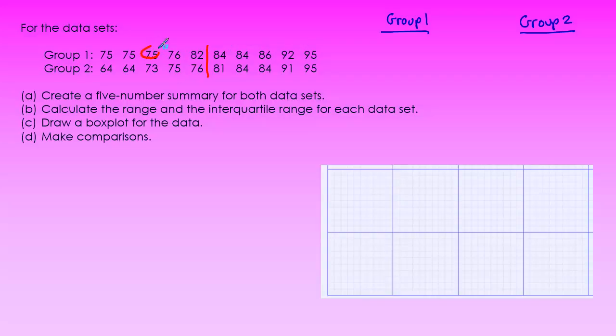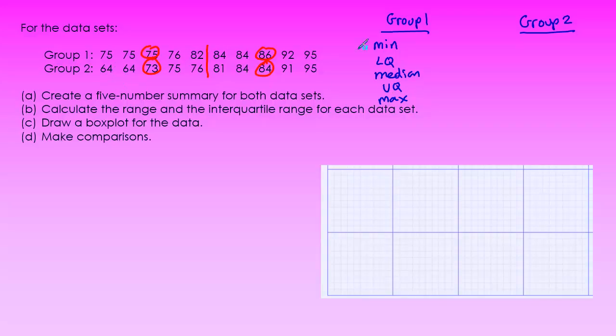So lower quartile, upper quartile. So minimum, lower quartile, median, upper quartile, and the maximum.